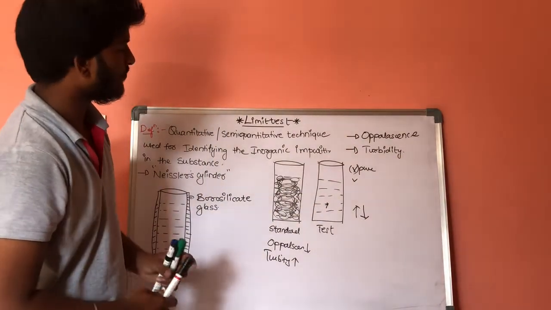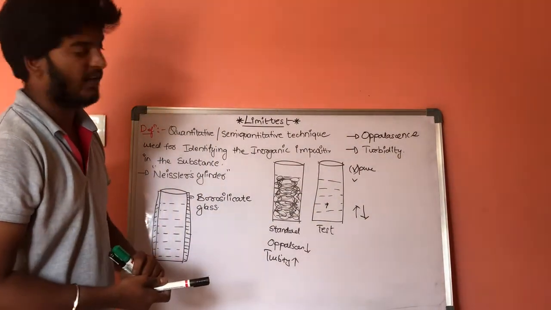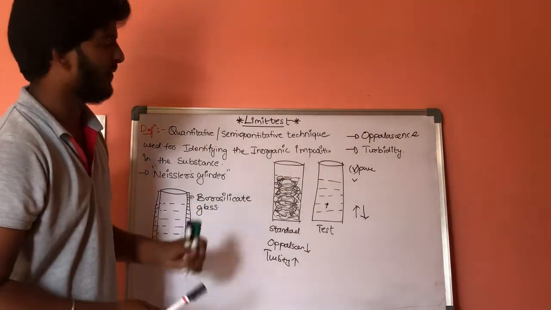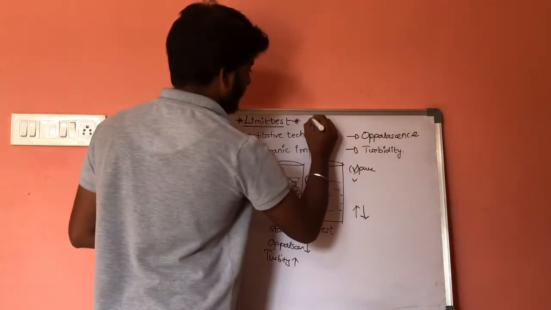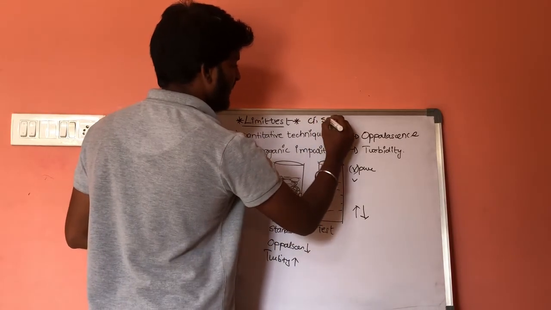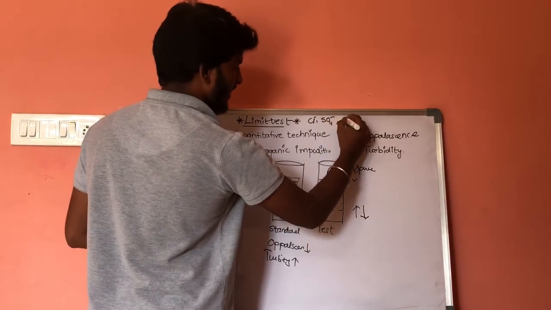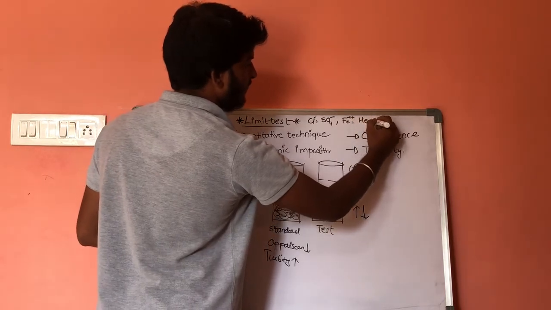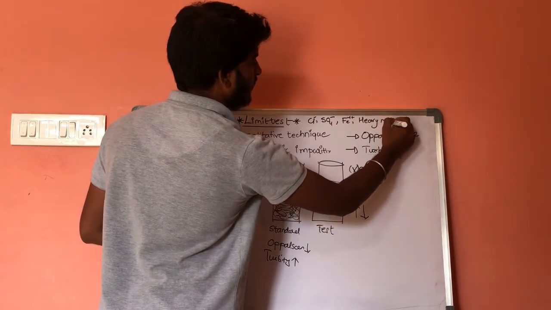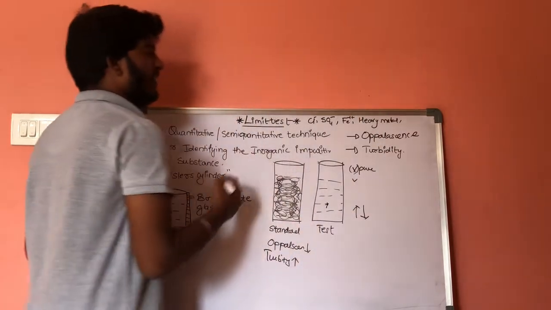Now if we discuss the types of limit test, there are different types of limit test, like limit test for chlorides, limit test for sulfates, limit test for iron, limit test for heavy metals, and limit test for arsenic.